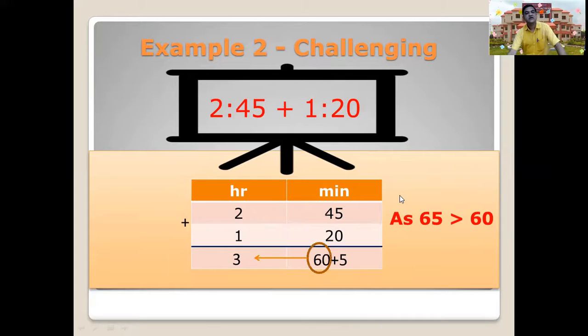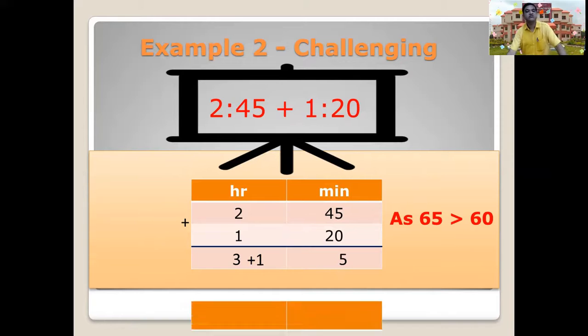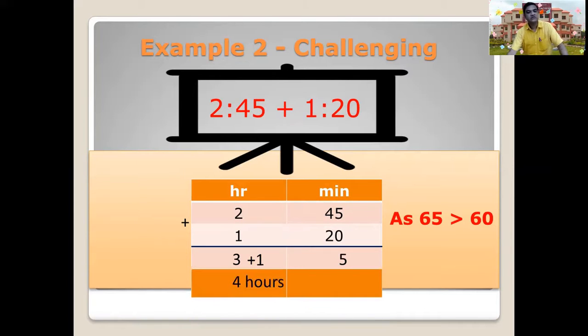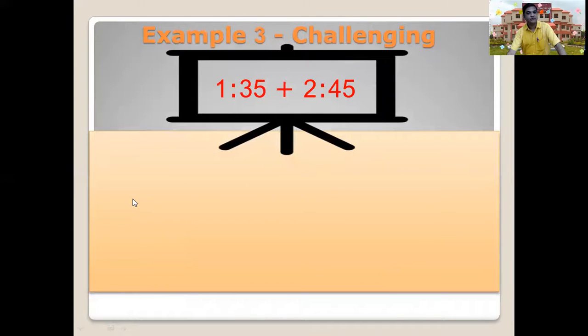We take 60 out of the minute section and add it to the hour section, so we add 1 hour in the hour section. Finally, we got 5 minutes in the minute section and 3 plus 1, that is 4 hours, in the hour section. So the answer for this question, 2 hours 45 minutes plus 1 hour 20 minutes, is equal to 4 hours 5 minutes. We'll see one more example about adding the time.